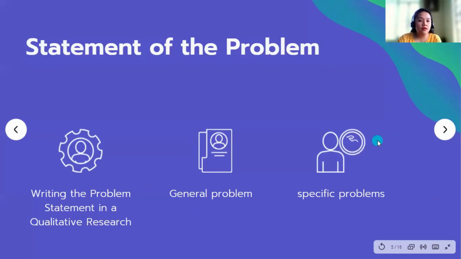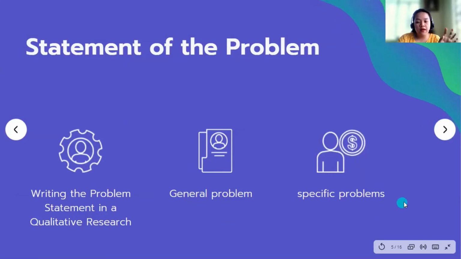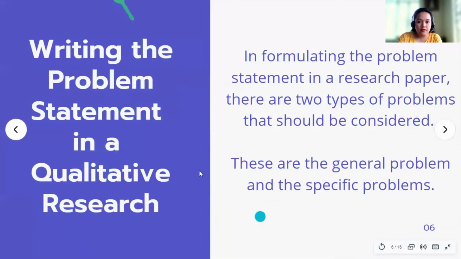So, statement of the problem. Our discussion will include writing the problem statement in a qualitative research, what is a general problem, and specific problems. So, writing the problem statement in a qualitative research. In formulating the problem statement in a research paper, there are two types of problems that should be considered.